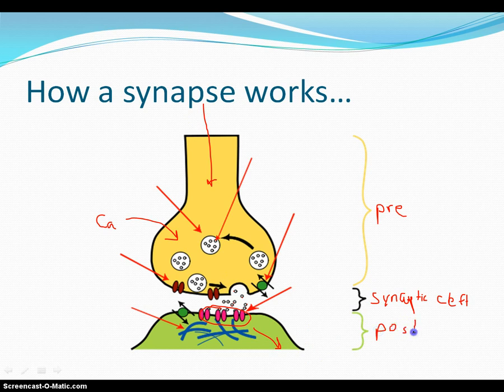So again, to review, we have an impulse traveling down the axon of the presynaptic neuron, and once it gets to this region right here, the calcium channels open up, which causes these vesicles to bind to the membrane and release their contents, these little neurotransmitters, into the synaptic cleft, and they are picked up by this protein receptor here. And if the signal is strong enough, an impulse will be fired by the postsynaptic neuron.